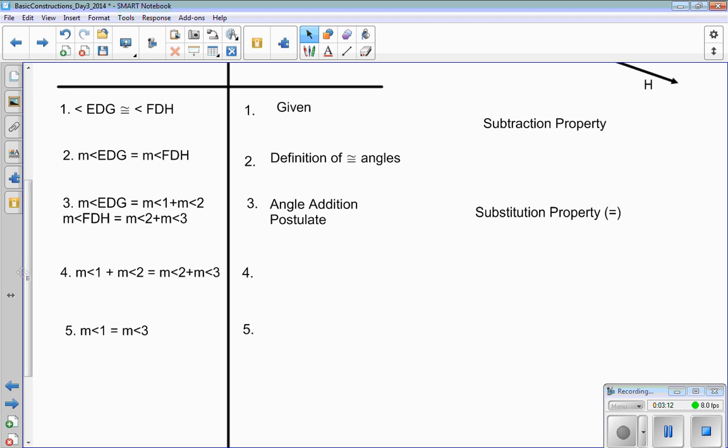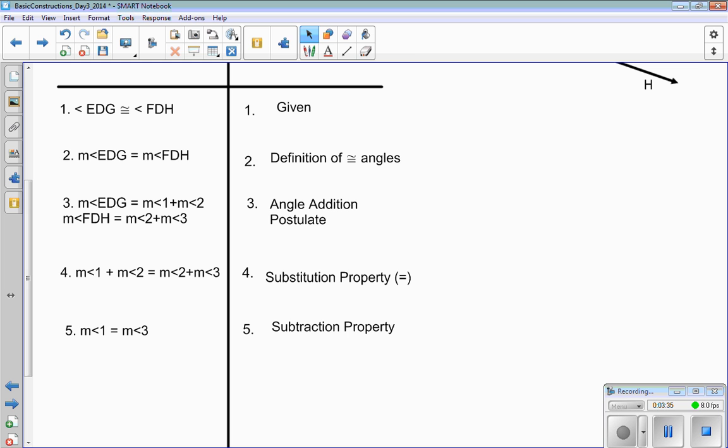Now it's just algebra. Why can I then say, well, if the measures of the angles are equal, can I just set what they're equal to each other? So here's my two angles whose measures are equal. Those are equal. So I'm going to set these two things to be equal. That would be substitution. Very good. And then what could I subtract from both sides?